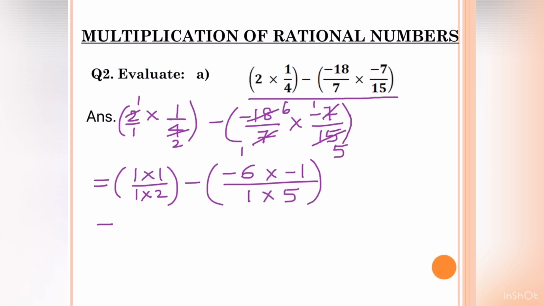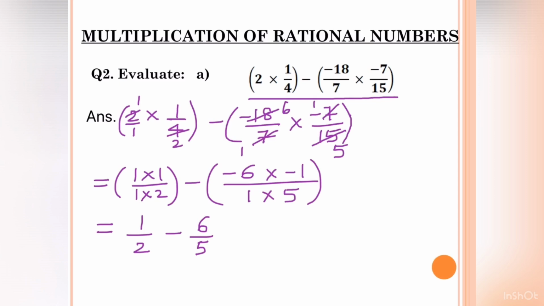This is equal to, so 1 times 1 is 1, 1 times 2 is 2, 1 by 2 minus, here in the numerator we have minus 6 times minus 1, which is plus 6, by 1 times 5 in the denominator, that is 5. Now we have 1 by 2 minus 6 by 5.